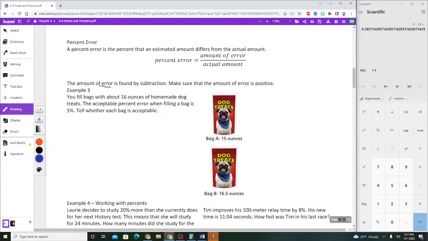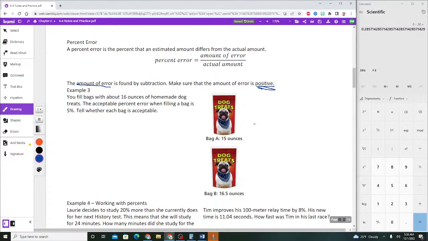So the amount of error we'll find by subtraction. This is still the same idea. The reason why we're teaching this now with percent of increase and decrease is that really we're doing subtraction. It's just that we're not going to go new minus original. We're going to say, hey, we need to find the difference between these two values, but we also have to keep that difference positive.